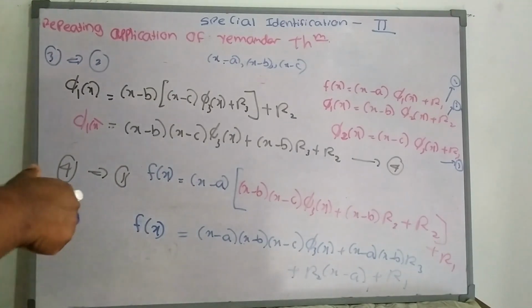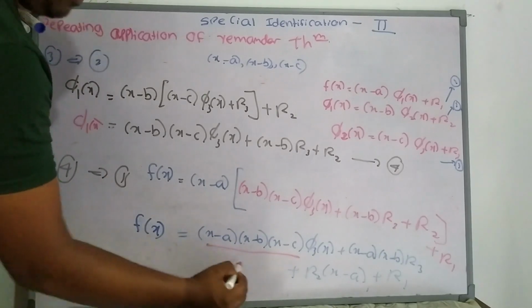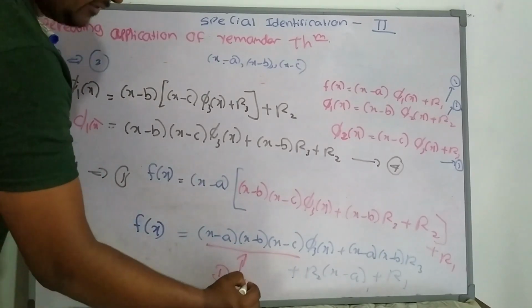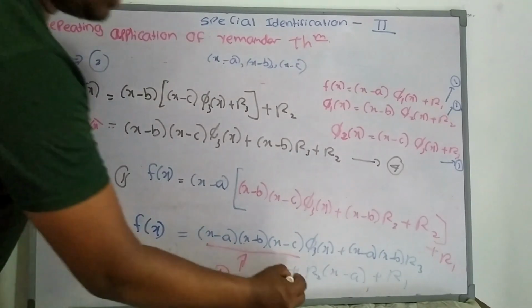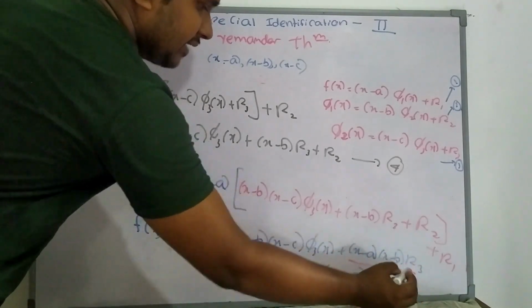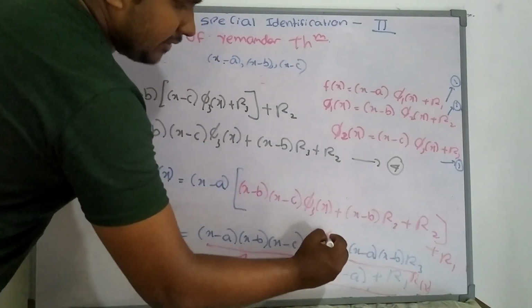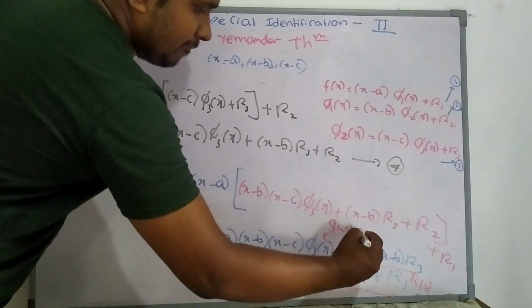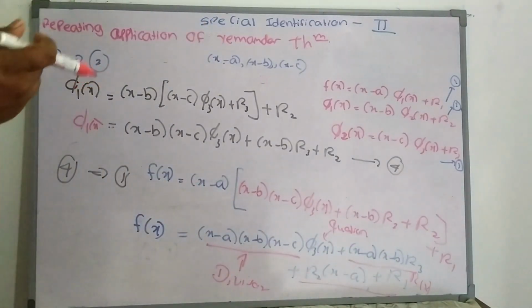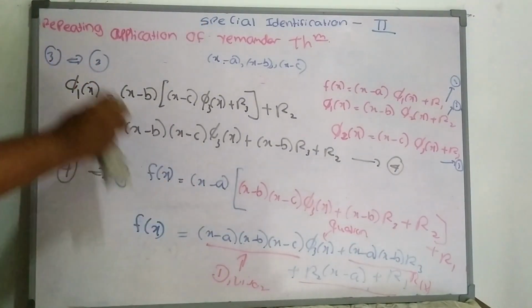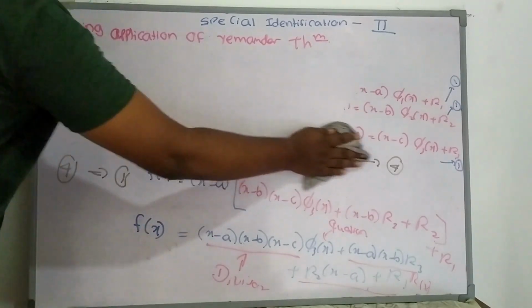You can see this whole thing is our divisor, this whole thing is our remainder R(x), and this is our quotient. So you can interpret your final answer.